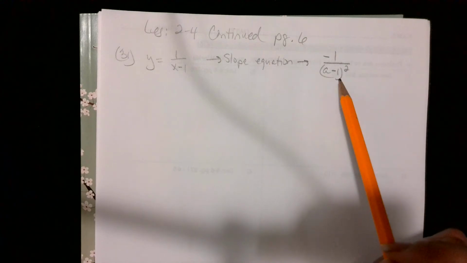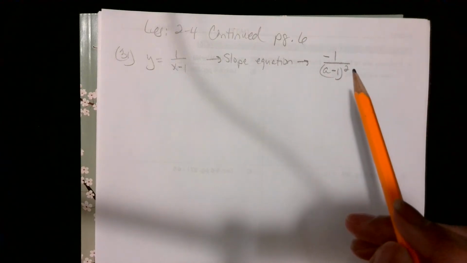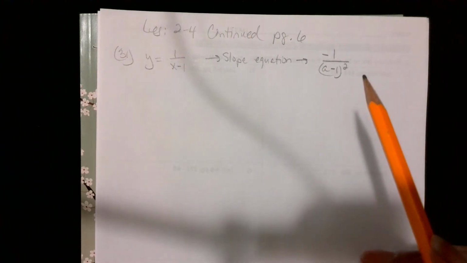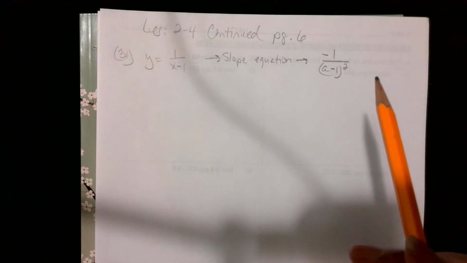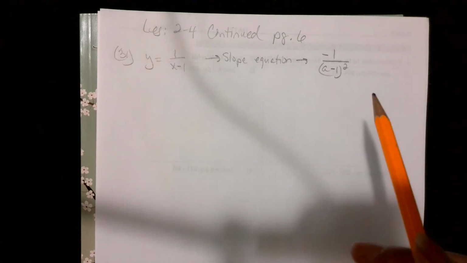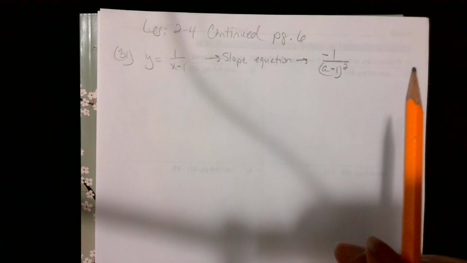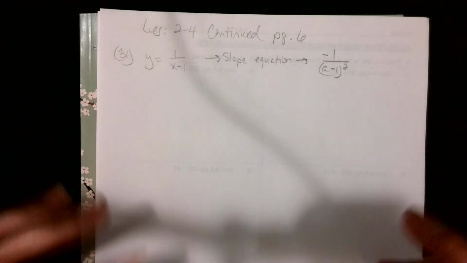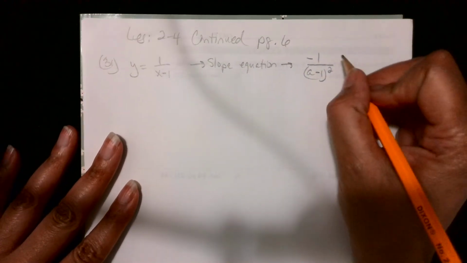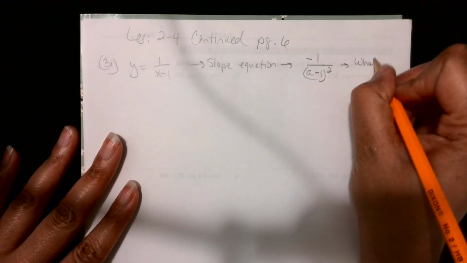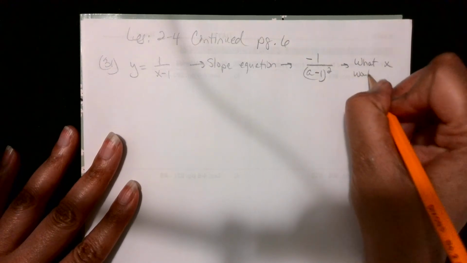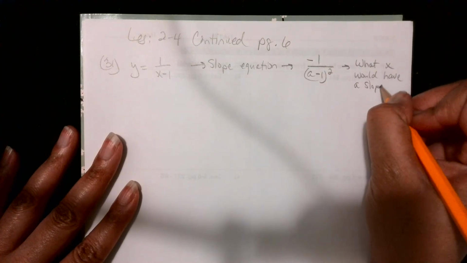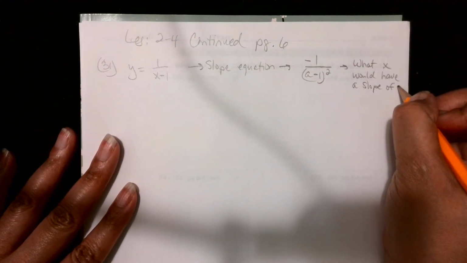So they're asking you to set this equal to -1 and find x. So it's asking you to think backwards. Where x was normally given, x is not given here. They give you the slope. So now they're asking you to find what x would make a slope of -1. So that's what they're saying. What x would have a slope of -1?